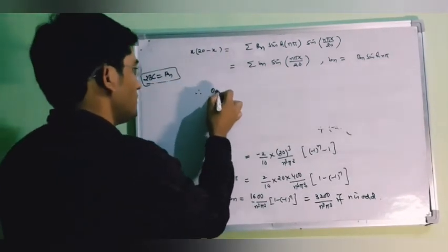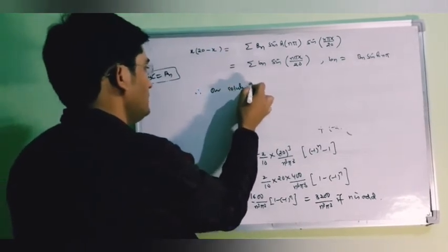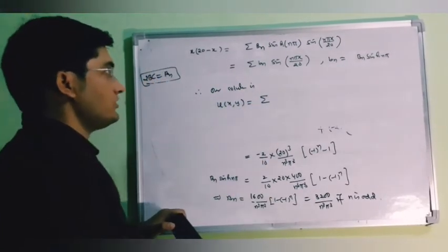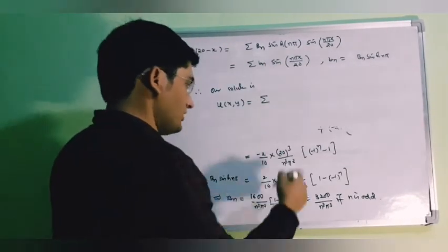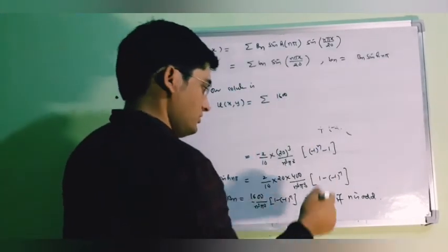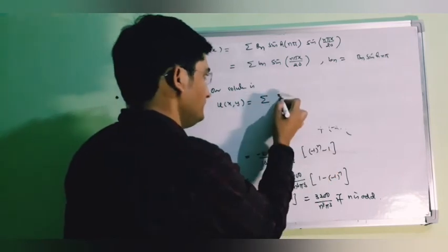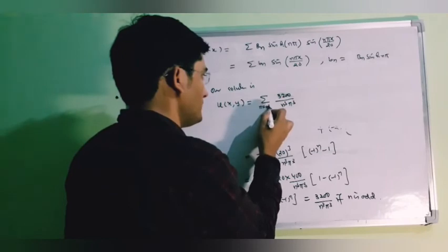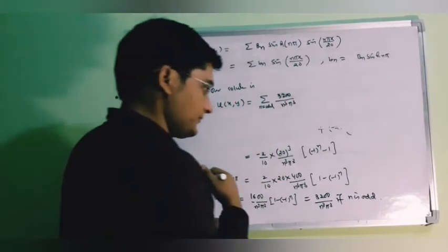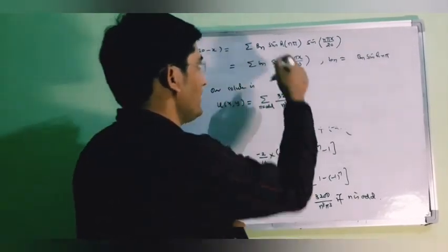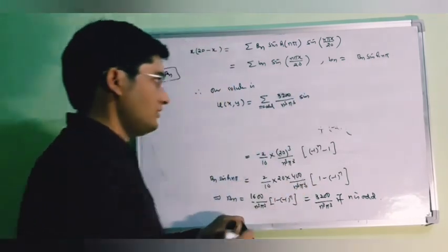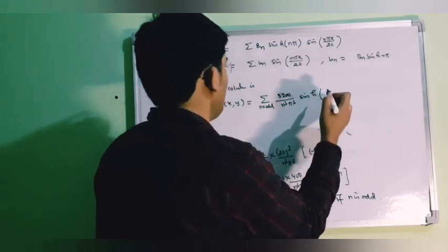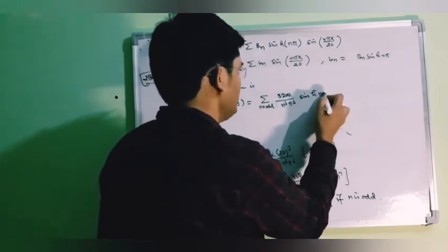therefore our solution is u(x,y) equal to summation, the first term was bn, the value of bn is 3200 upon n cube pi cube when your n is odd. So we write n equal to odd, and then we have the term sinh n pi.